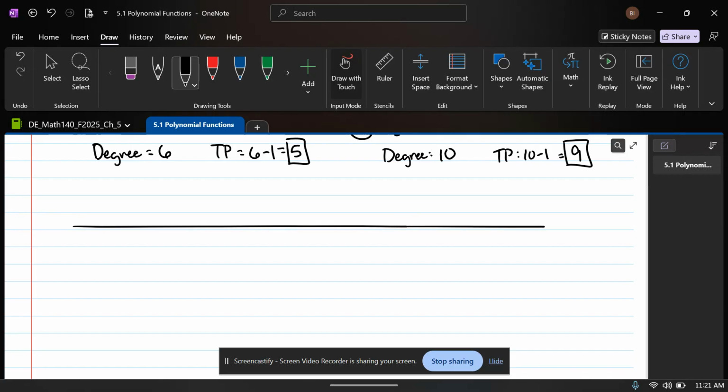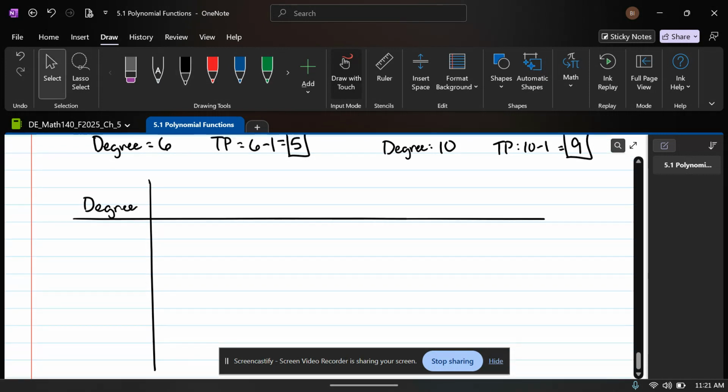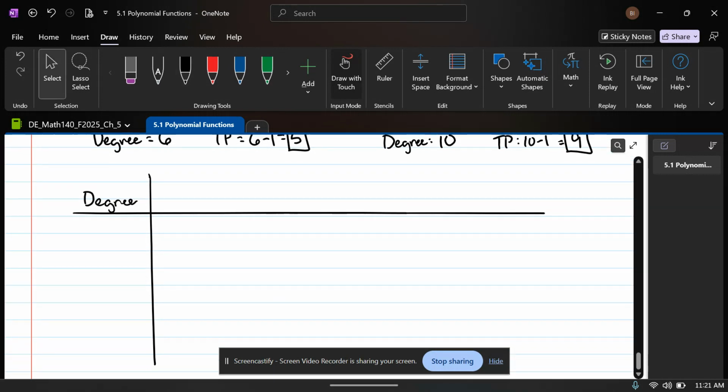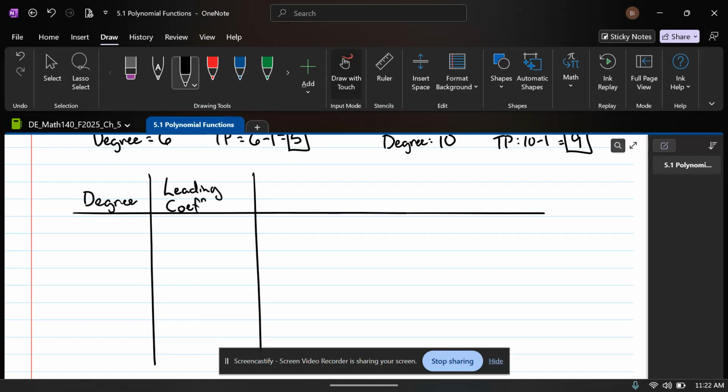First column is going to be degree. Second column is going to be leading coefficient. As x goes to negative infinity, that would be left.